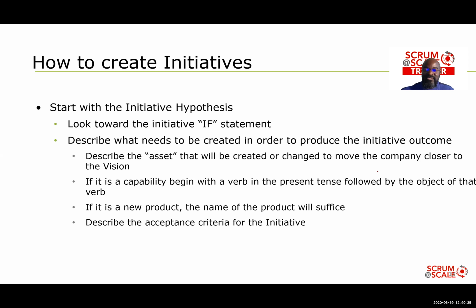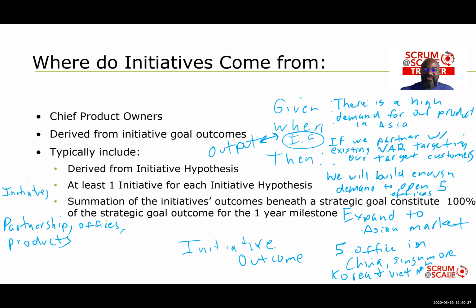So, just a refresher. The example we had before is: given that there is a high demand for our product in Asia, if we partner with our existing value added resellers who are targeting our customers, then there will be enough demand to build 5 new offices in Asia.